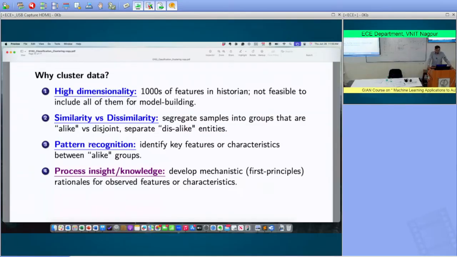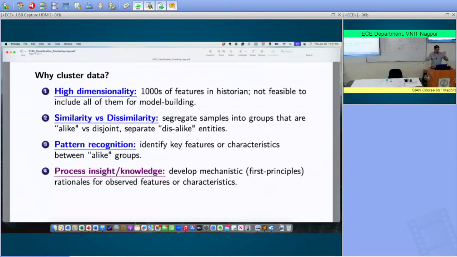So, why do we need clustering? If you have high dimensionality, thousands of features, let's say in a data historian, it's not feasible to include all of them for modeling. So when you have high dimensions, similarity versus dissimilarity, we want to segregate samples into groups that are alike and samples that are not alike. Right?